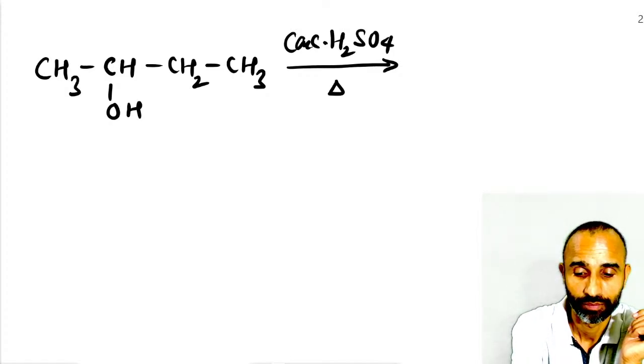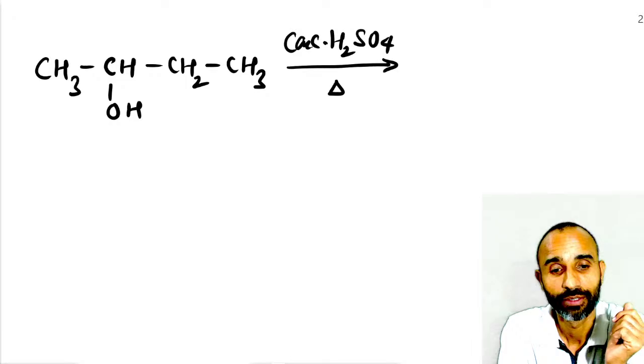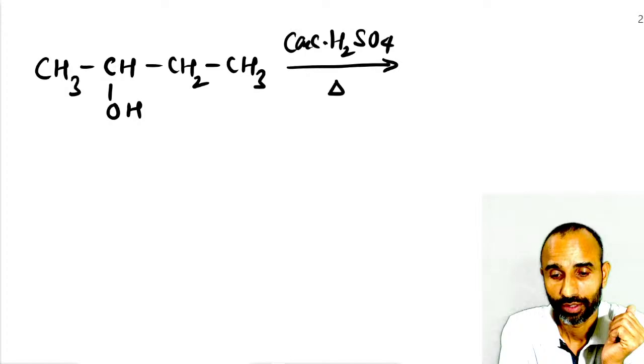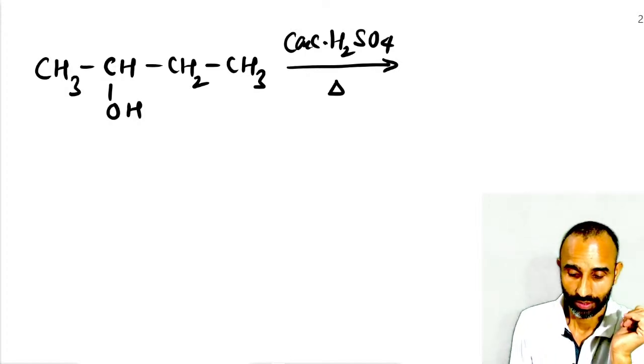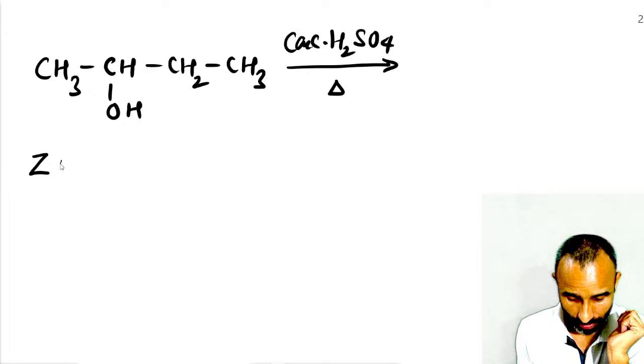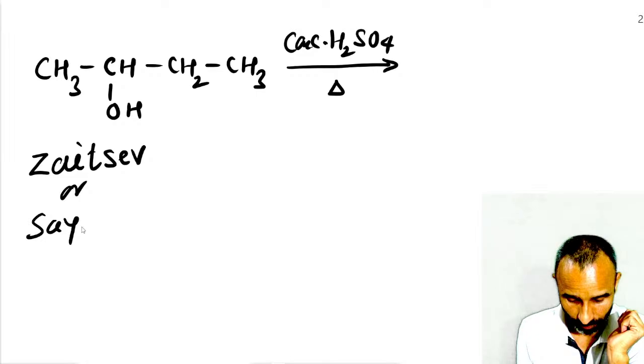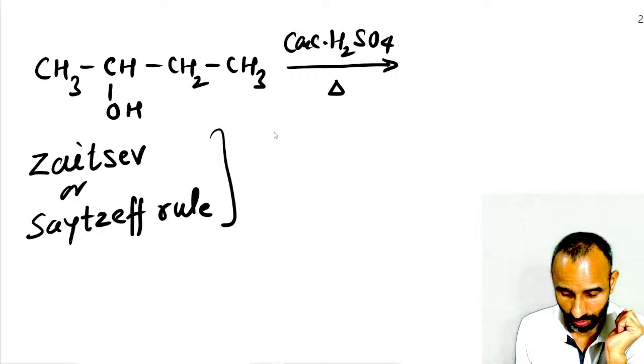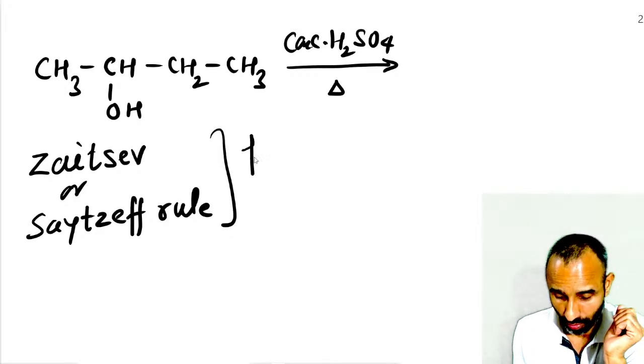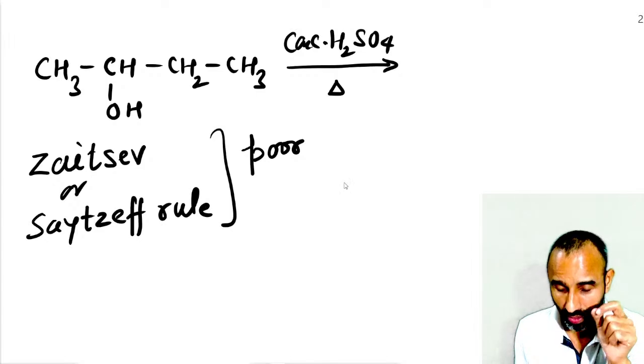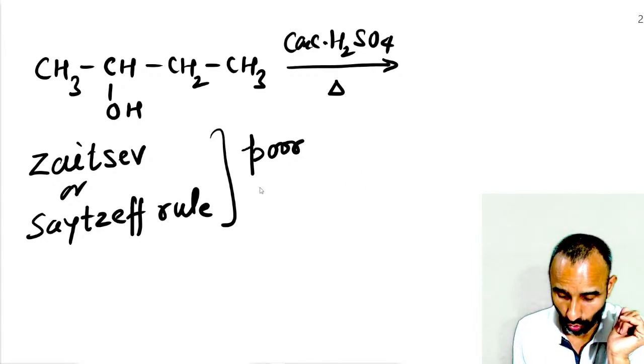Because of the stability of alkenes, But-2-ene will have more alpha hydrogens surrounding the double bond system. Which rule will decide it? This is Zaitsev or Saytzeff rule, and this rule tells us that whenever this elimination takes place, poor becomes poorer.